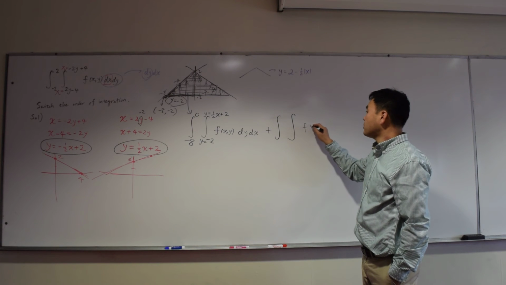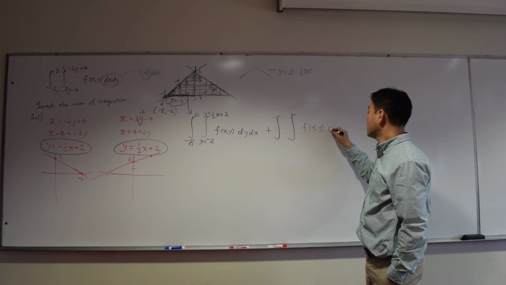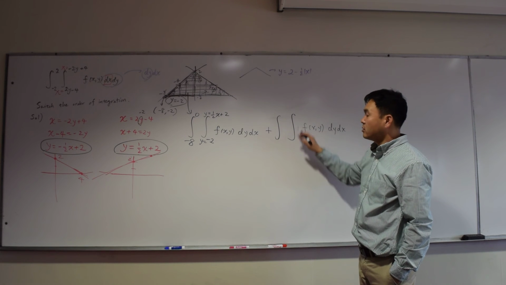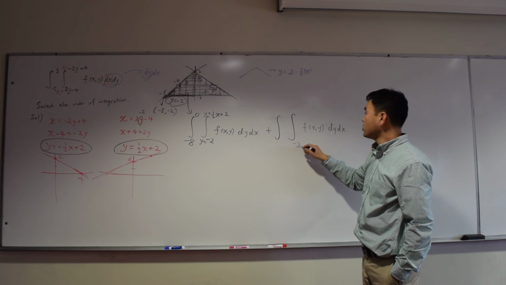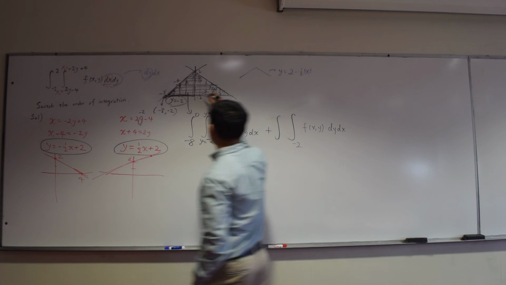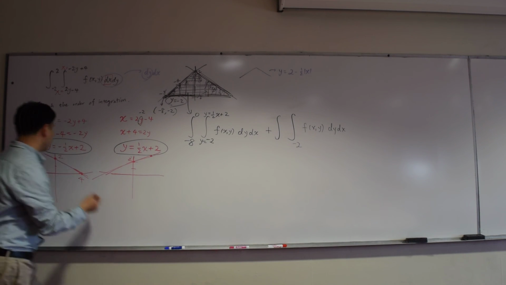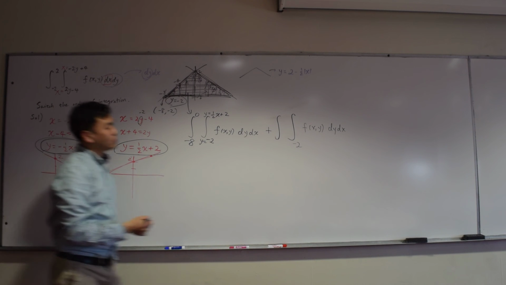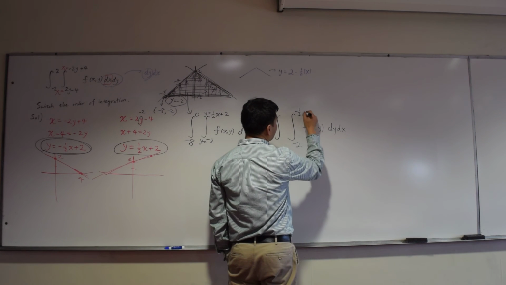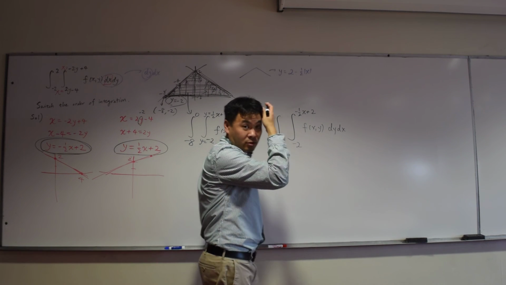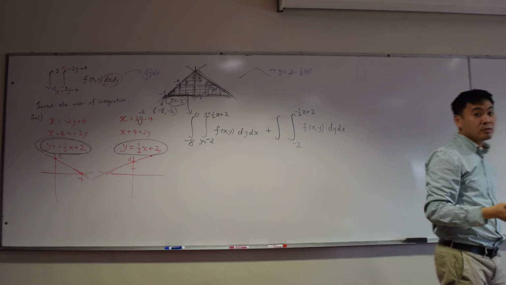All right, f(x,y) dy dx. Now what about this one? It still starts from -2, you go up, and it hits this graph right here, right? So it's -1/2 x plus 2. And then for the x value, what's the x value? 0 to 8.